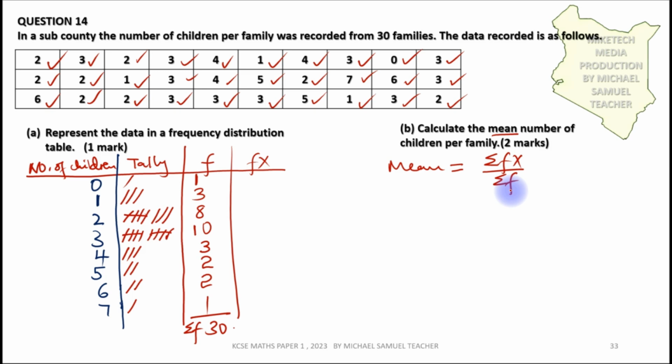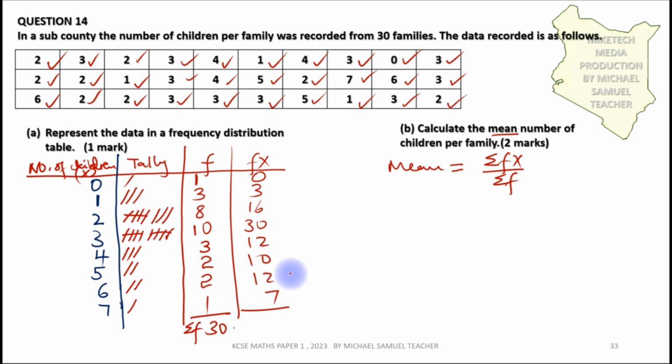So sigma fx is gotten by, this is our x, so 0 times 1, that is 0, 1 times 3, 3, 2 times 8, 16, 3 times 10, 30, 4 times 3, 12, 5 times 2, 10, 6 times 2, 12, and 7 times 1, 7.